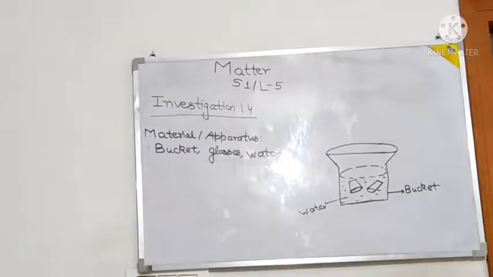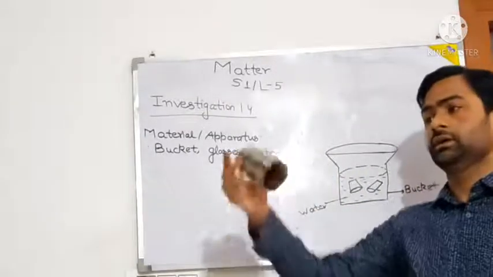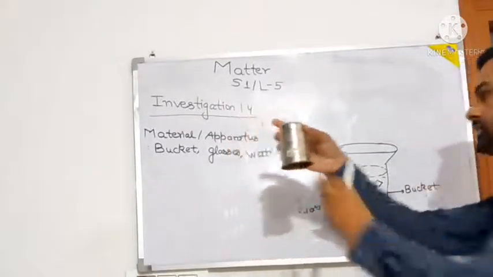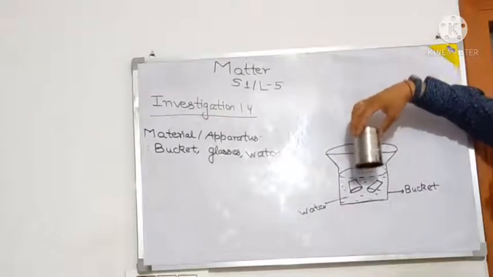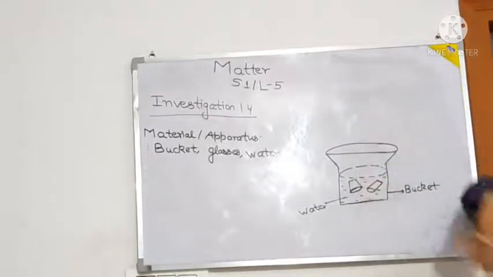Now see, what we'll do, we'll take a glass. Suppose this is the bucket, this is the glass. First turn the glass upside down and then push it inside this bucket.